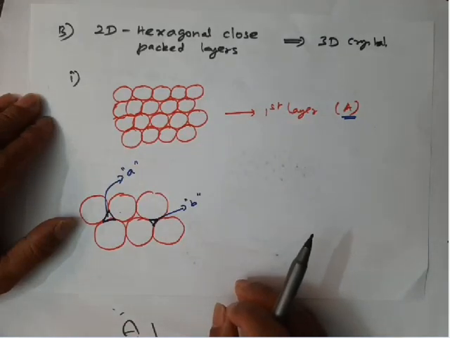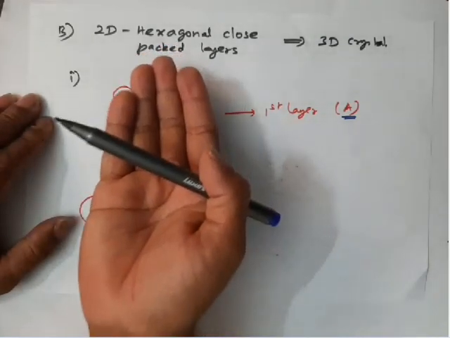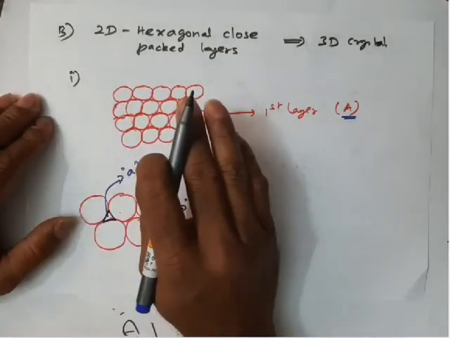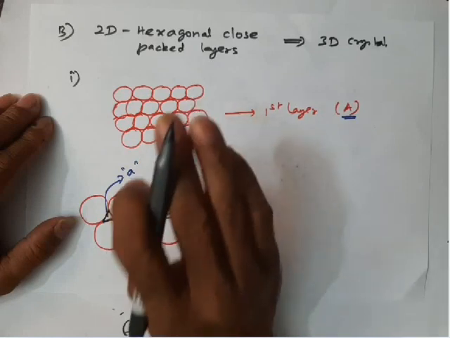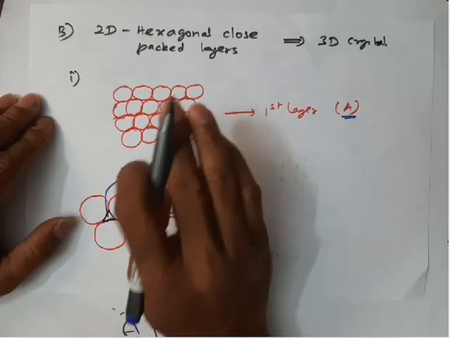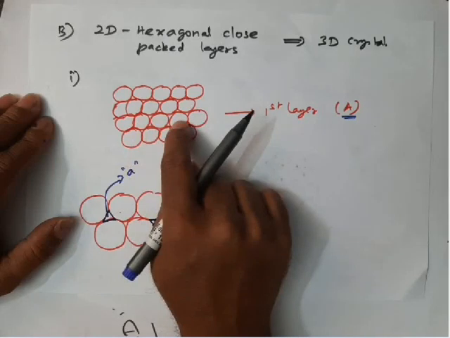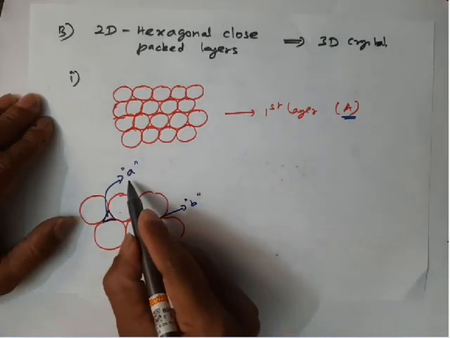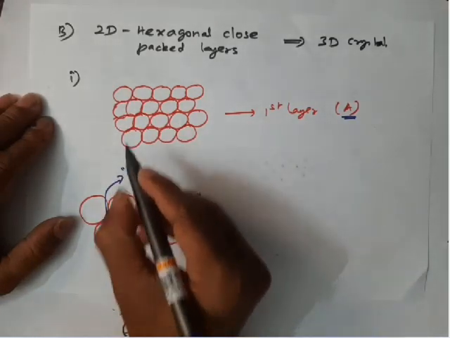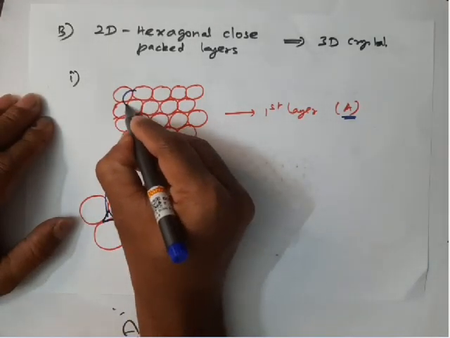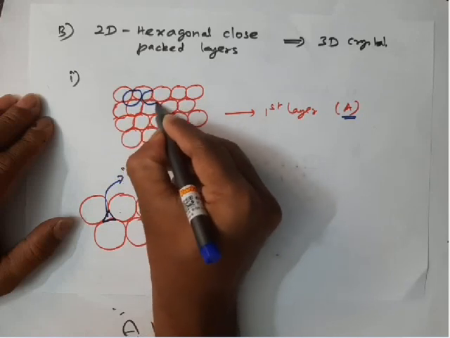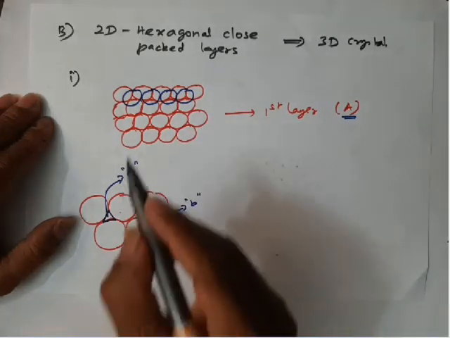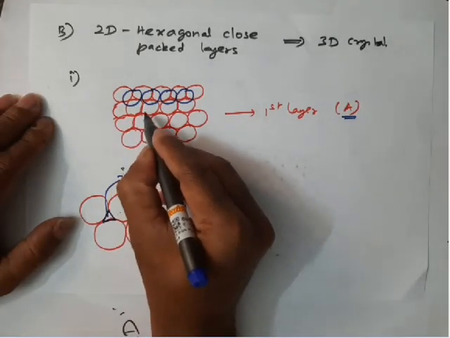Now I'm going to place the second layer over the first layer in such a manner that the second layer atoms sit on the first layer in one type of depression, say the A type of depression. Let me place one atom here, one atom here. I'm placing them only on the A type of depressions.